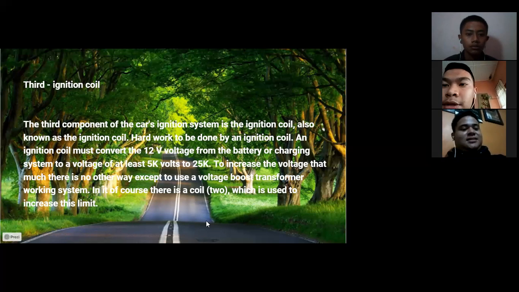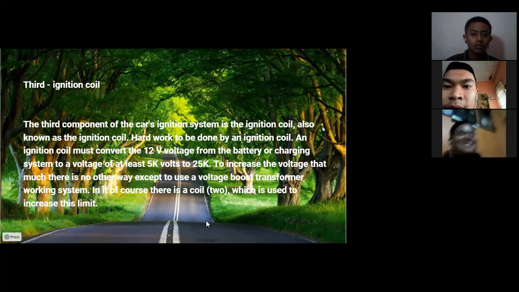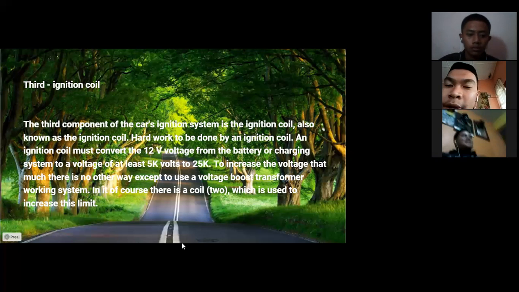To increase the voltage, there is no way except to use a voltage booster transformer working system. In it there is a coil too, which is used to increase this voltage.